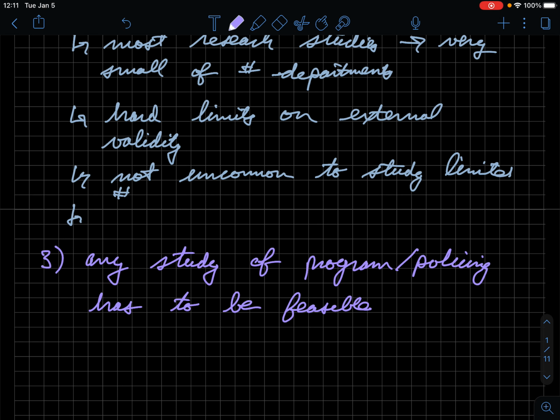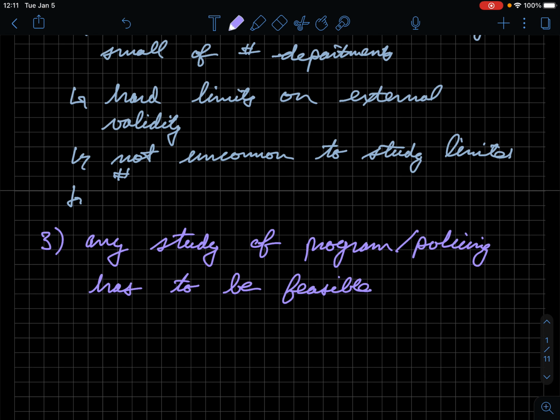If you want to run a randomized control trial, you probably cannot do that with more than like 3 agencies, because it's simply not practical. If you were looking at 15,000 agencies, that is impossible. There's no way you could possibly do that.